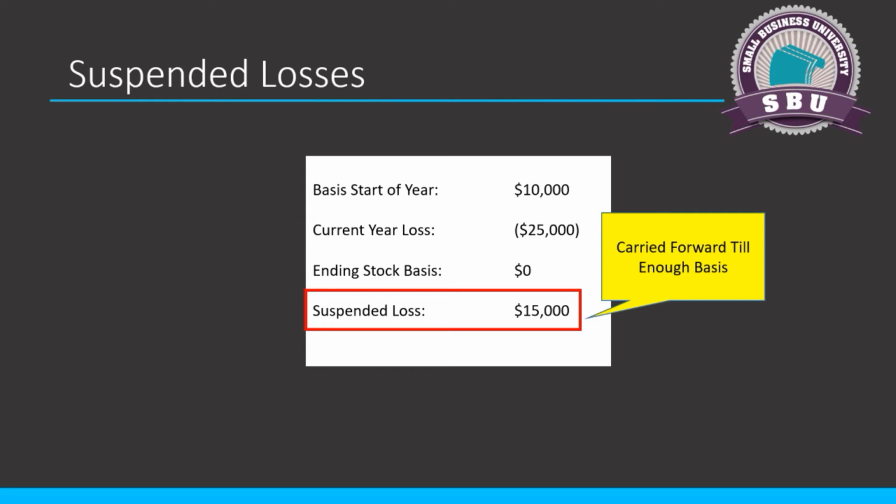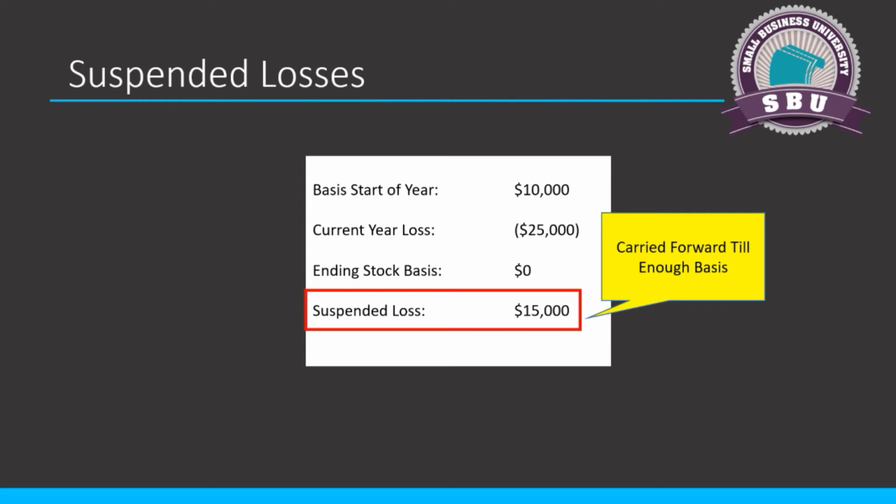There's not enough basis to offset that whole loss. So the shareholder gets to report $10,000 of that loss because that's how much basis was left over. And the rest of that loss, the $15,000 loss, is what we call suspended. And it's carried forward into future years when you have basis.